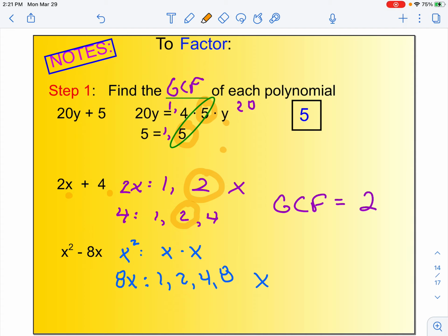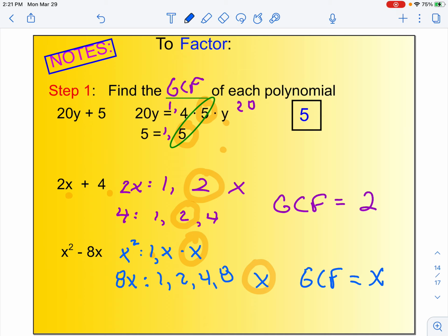So notice we have no common numbers except if we want to include the number 1, okay? 1 times 1 is 1. But what we do have is a common letter x. So in this case, our GCF is x, okay?